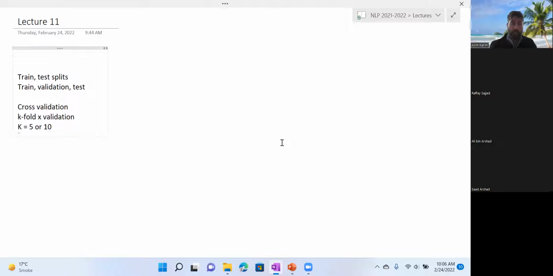What that means is you train the model 5 times, and you test the model 5 times, and in doing so, you test over the entire data set. So if k is equal to 10, you will get 10 performance values.